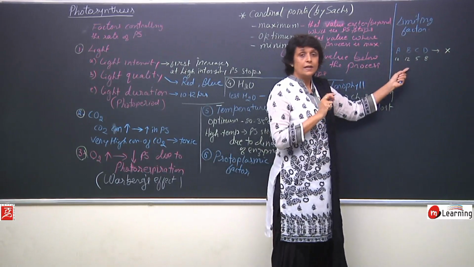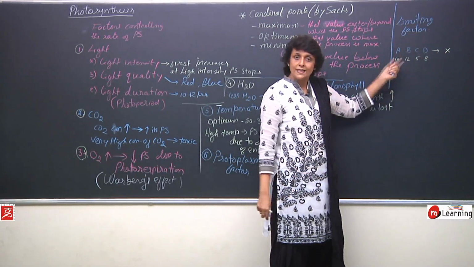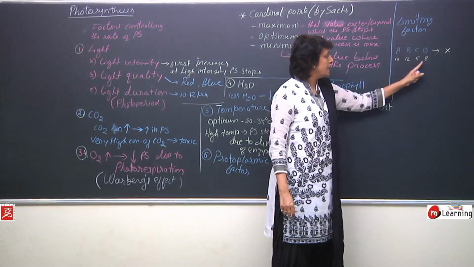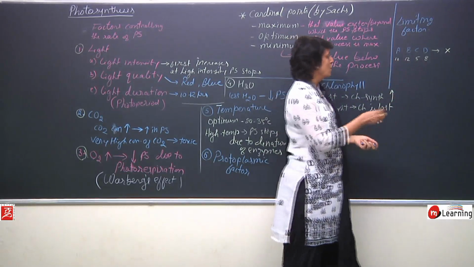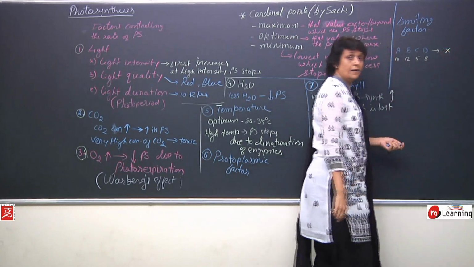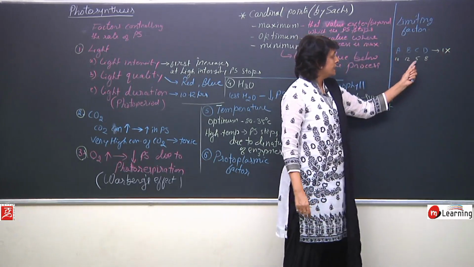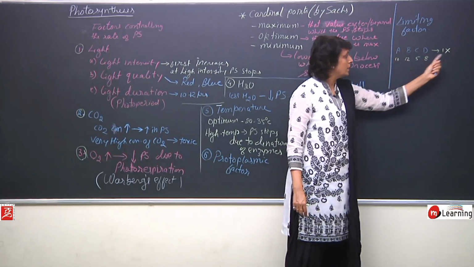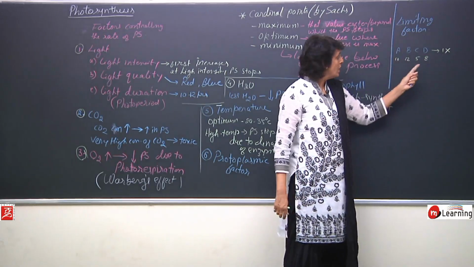We are just trying to understand what exactly is the limiting factor. 1A, 1B, 1C, 1D will give you 1X. Second A, B, C, D will give the second X. Third molecule will give you the third X molecule.